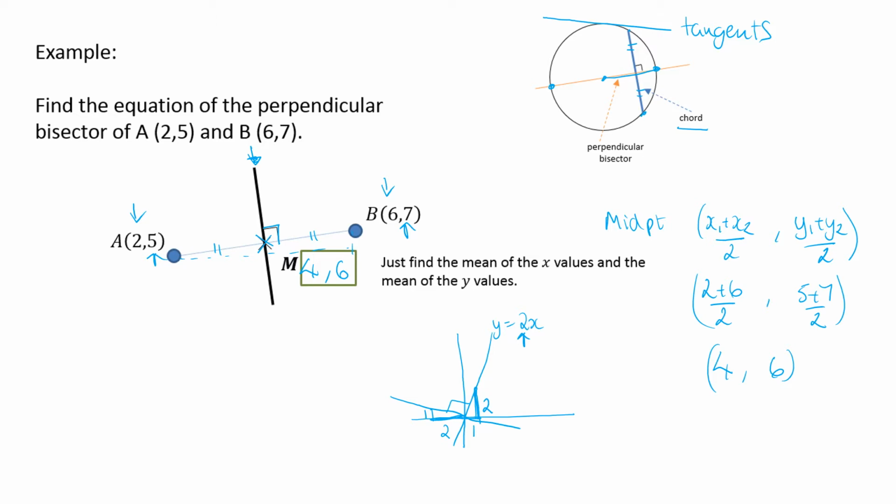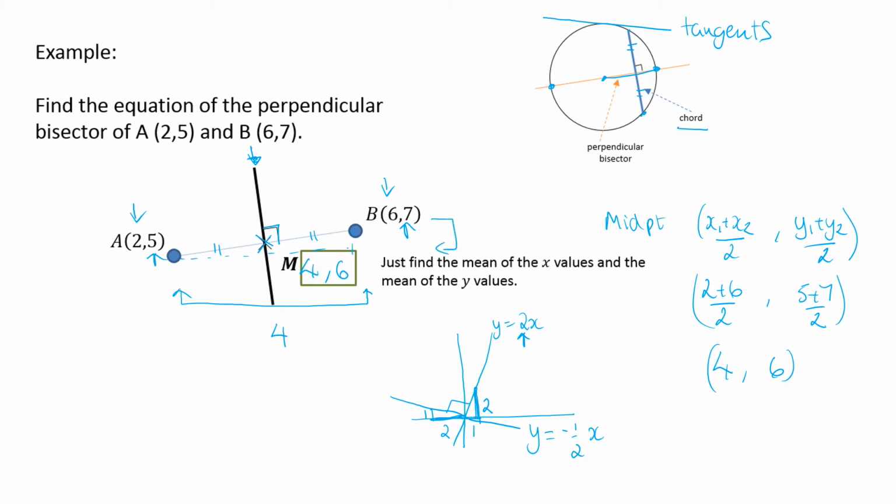So the 2x line is going uphill, so the gradient is positive. The perpendicular line is going downhill, and it's going to be y equals minus half x. So perpendicular lines have the negative reciprocal gradient. So if we just find what's the gradient between 2, 5 and 6, 7, we can see horizontally the run 2 to 6 is 4.